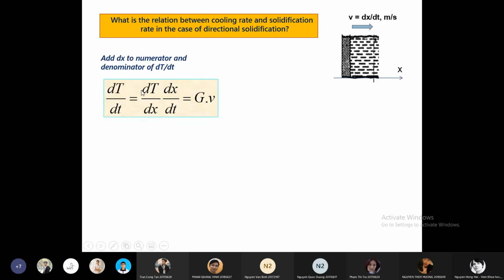So you can rewrite this as G multiplied by V. So the cooling rate is proportional to the solidification rate, and the proportional coefficient is the temperature gradient. Physically, the cooling rate is proportional to the solidification rate, and the proportional coefficient is the temperature gradient.